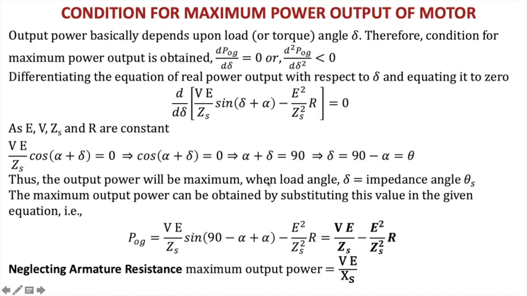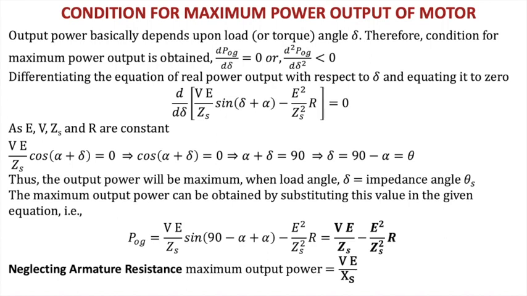So the output power will be maximum when the load angle is equal to the impedance angle, and substituting the value of del, the maximum output power is VE by Zs minus E square by Zs square into R. That is the maximum power output for a given synchronous motor.